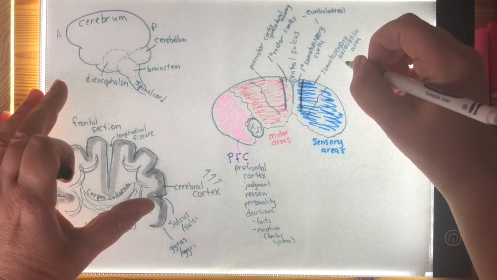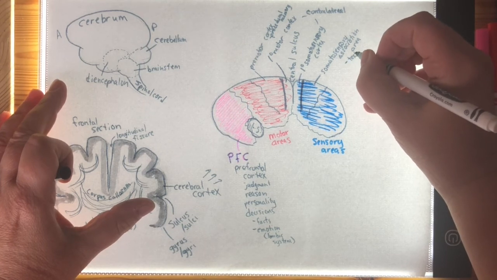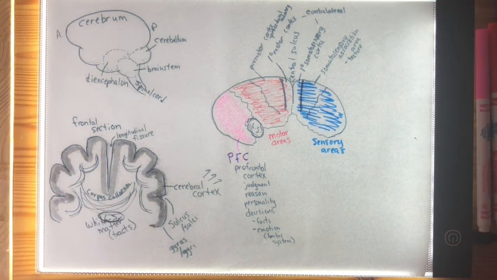So your association area will give you a better perspective on what is meant to be done. And the same thing with the somatosensory association cortex. The word that I usually use with this area of the brain is texture. With the primary somatosensory cortex, it's receiving touch sensations from different parts of the body.